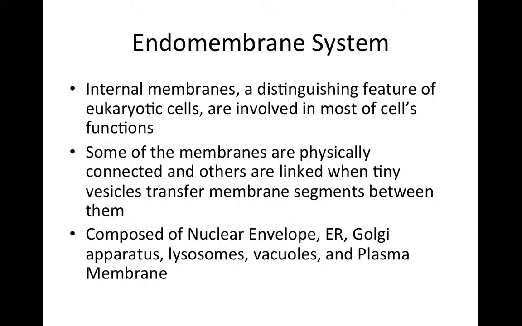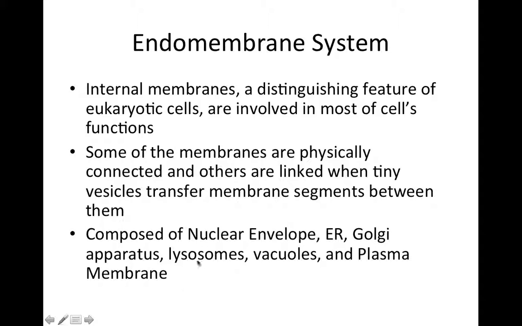Within this bubble is some of the endoplasmic reticulum membrane, as well as the protein it's transporting. And this bubble moves on to the Golgi apparatus, where the protein is deposited for further processing.